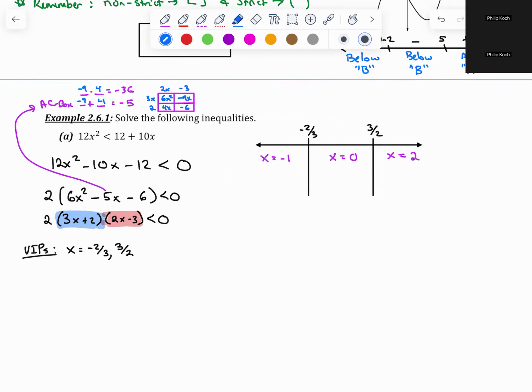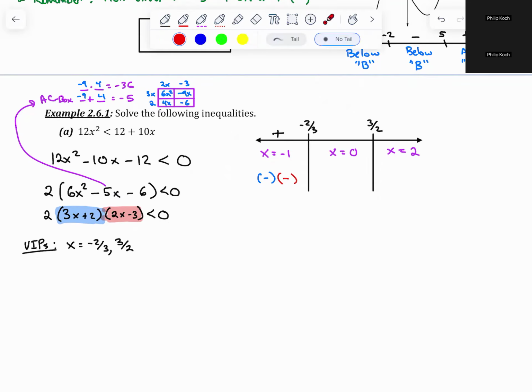When I plug in -1, will the blue factor be positive or negative? Negative, because it'll be 3 times -1, that's -3, plus 2, that's -1. So it's negative. Will the red factor be positive or negative? Positive. Careful. Oh, yeah, you're right. It's negative because it's going to be -2 minus a number that's going to stay negative. So you have 2 negatives, that's a net positive.